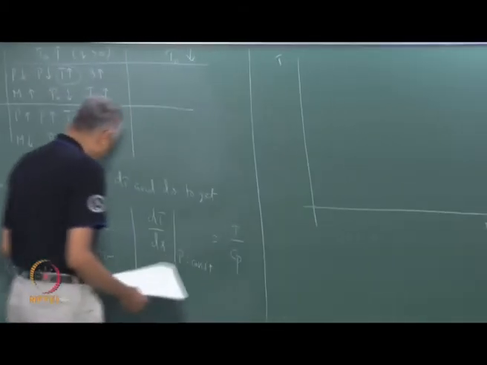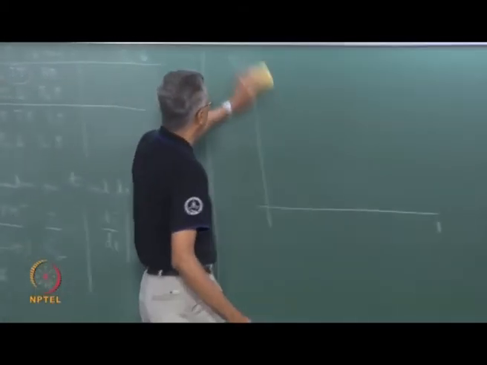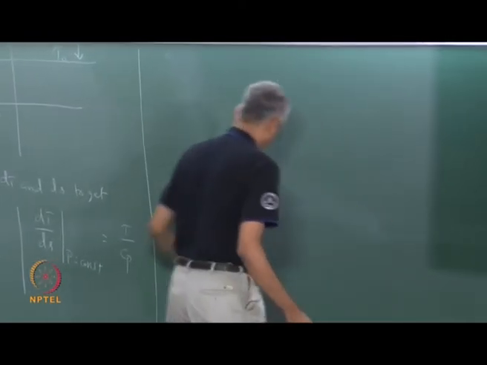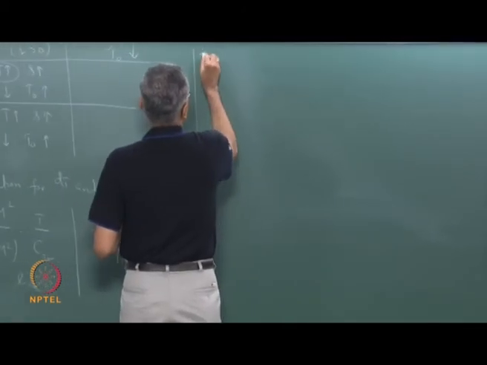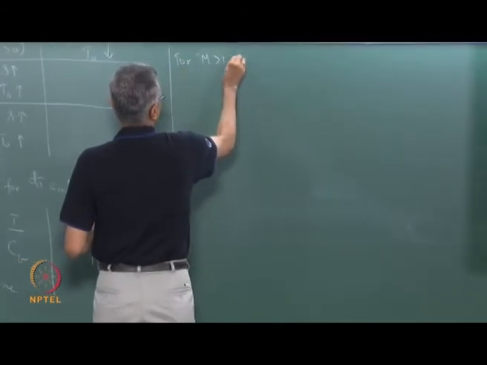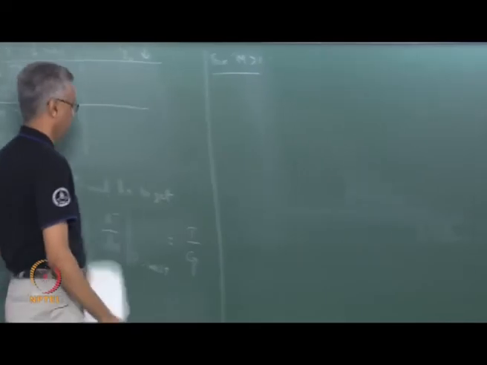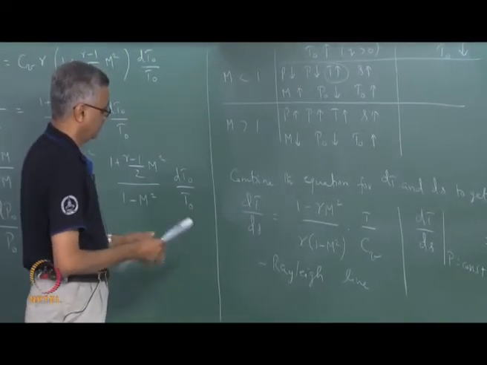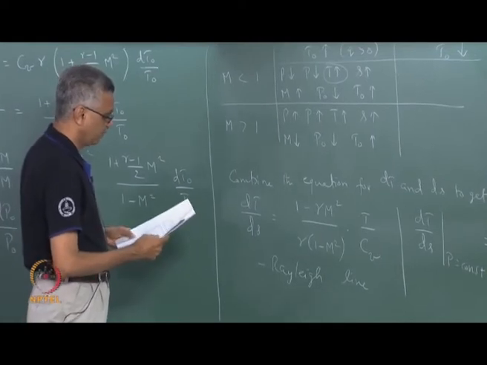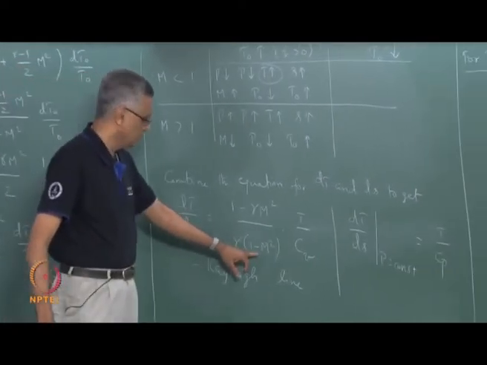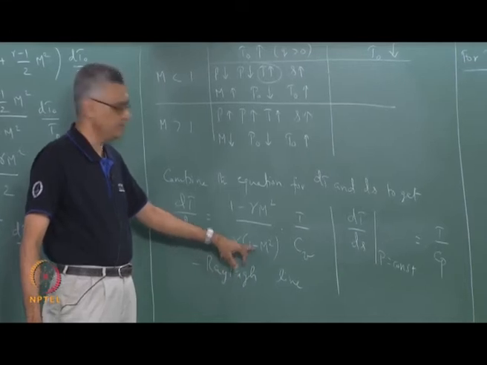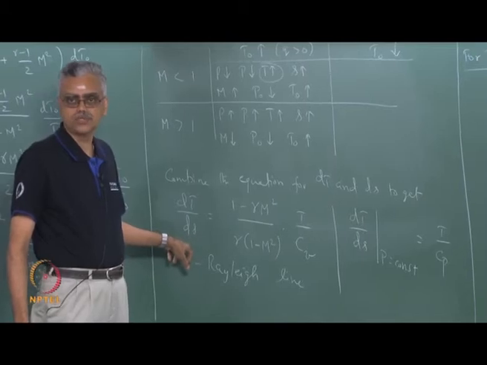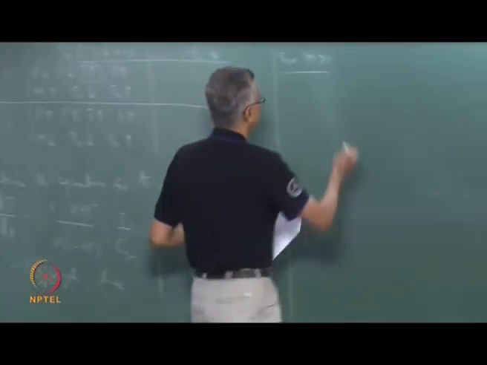If M is greater than 1, so if the flow is supersonic, then the term in the denominator is negative, the term in the numerator is also negative, but dT/dS is positive, the slope is positive.